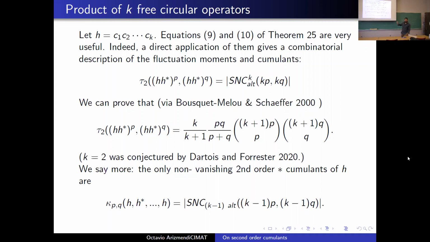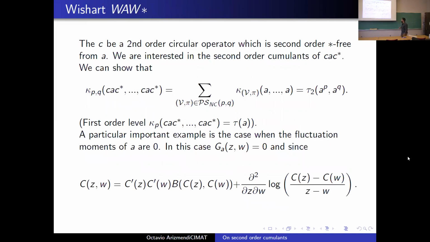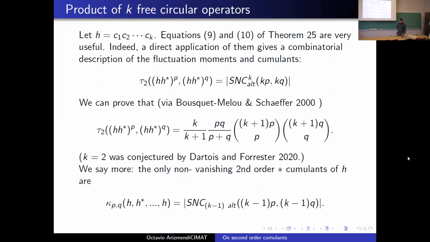The rest is zero. Okay. And they conjecture just for k equal 2 or for any? They conjecture for k equal to what was this formula, but they don't say anything about star. They landed their conjecture.